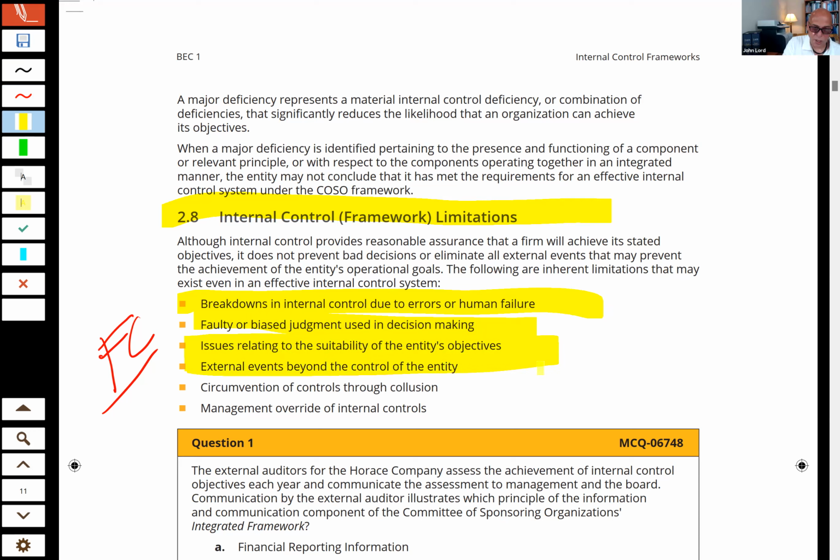External objectives beyond the entity's control, changes in regulation, etc. Circumvention of control through collusion. Collusion is when 2 people that had different responsibilities get together to override the separation of duty in the internal control, and then management could always be overriding the controls as well.